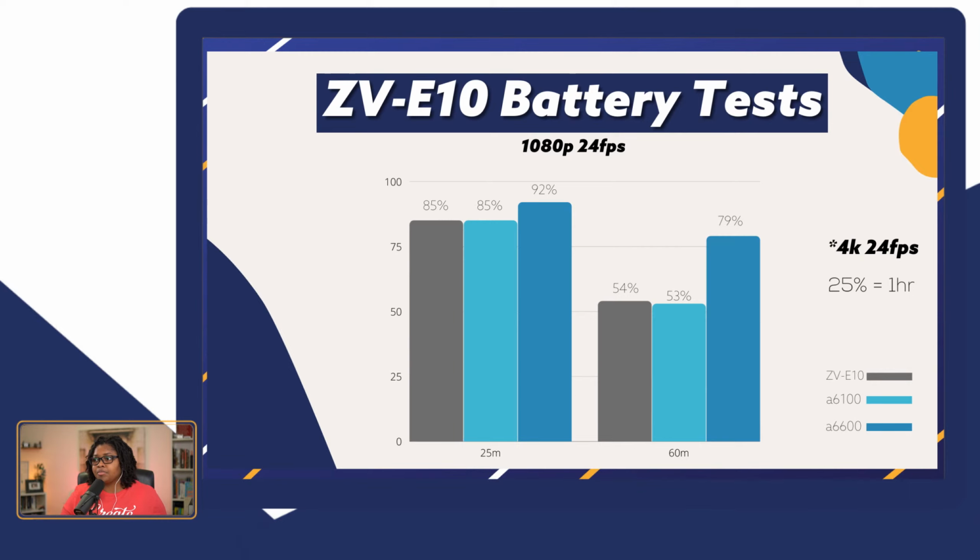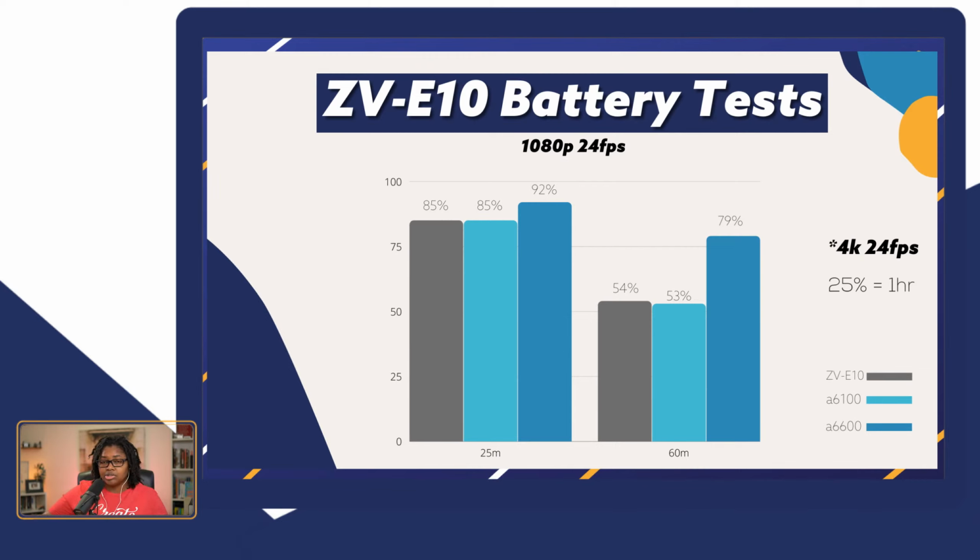When you get over to the hour mark, literally at 1 hour, you're at 54% on the ZV-E10, 53% on the A6100/A6400, and 79% on the Z battery. So you can see why people are complaining about the battery life, or they were initially even frustrated at the rumor saying it was not going to be the Z battery, because they have experience not really having to worry about battery life in their other full frame cameras.